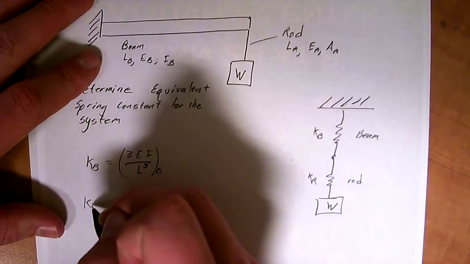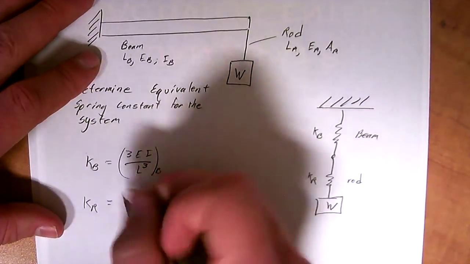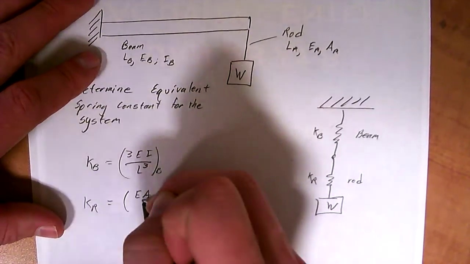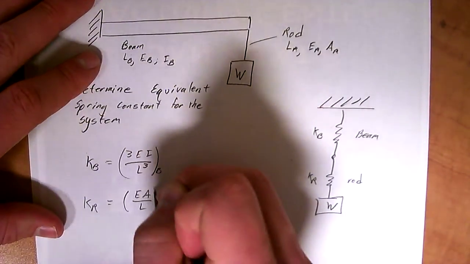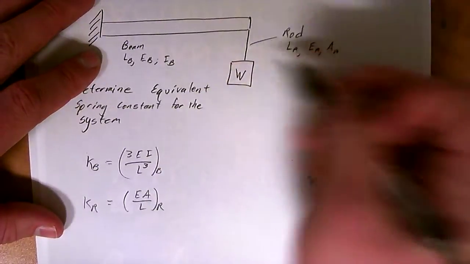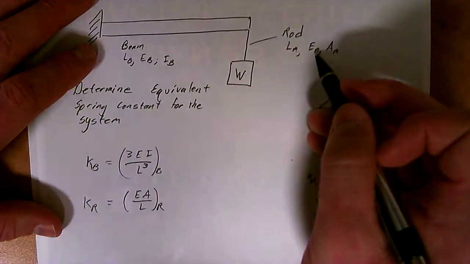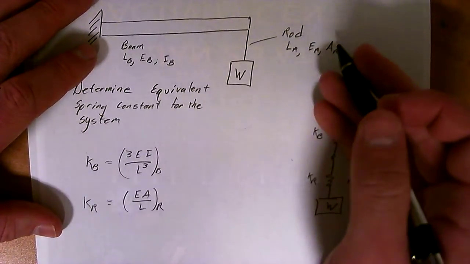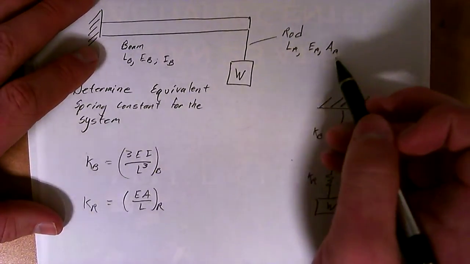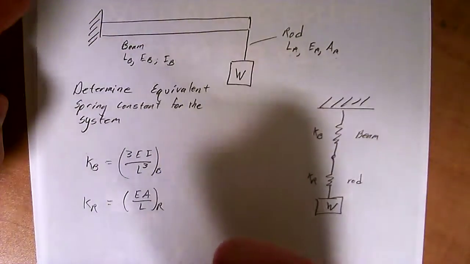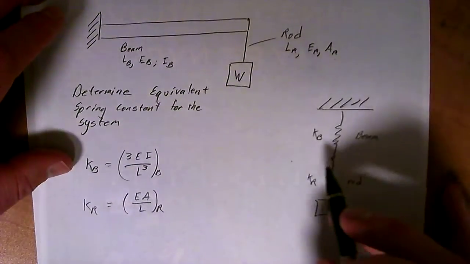For the rod, the spring constant of a rod stretching is E times the area over L, with R being the length of the rod. And all of these values are given, or you can calculate them. E is a material property, so you should be given that in order to solve this problem. A is something you can get from the diameter, and length is something that should be given also.